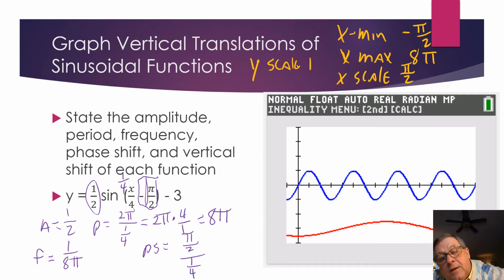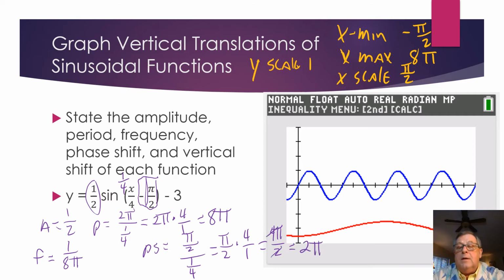And that's going to equal pi over 2 times 4 over 1, which is going to equal 4 pi over 2. But I could reduce that to just 2 pi. So I have a phase shift of 2 pi. And as I've said before, for me, visually seeing that phase shift is often kind of difficult. And so I really rely on that algebraic method to look more for that phase shift. But anyway, there it is, 2 pi.